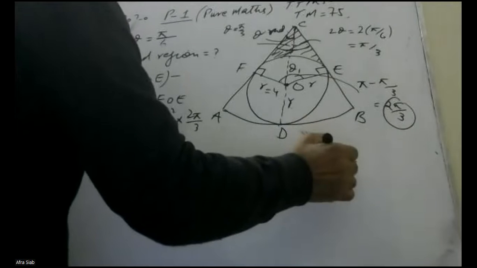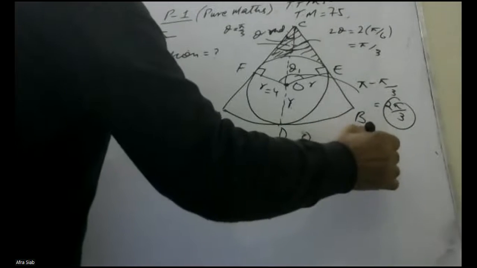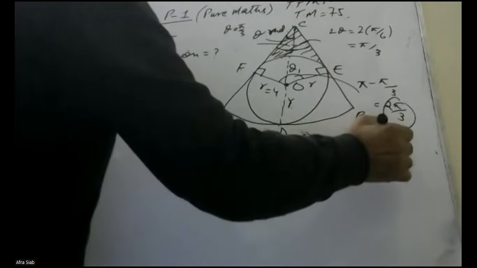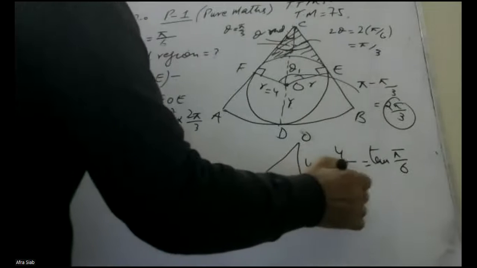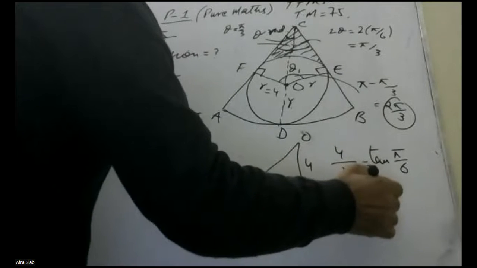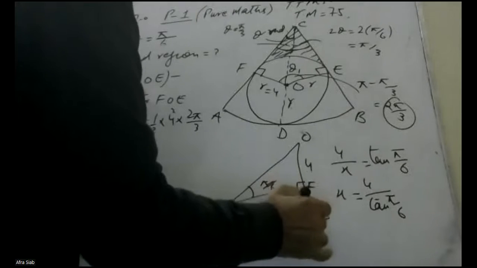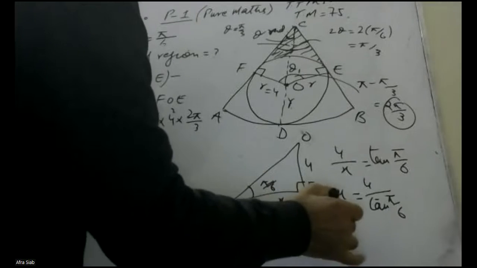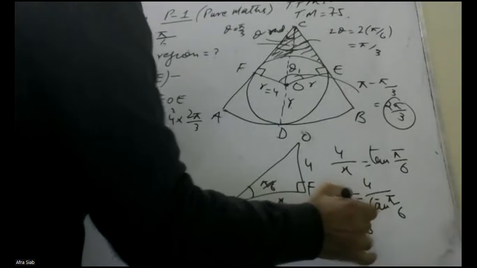So perpendicular over base is equal to tangent of pi over 6. So X is equal to 4 over tangent of pi by 6. X is equal to 4 over 1 over root 3, that is equal to 4 root 3.